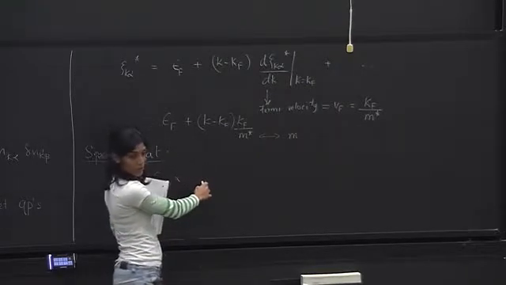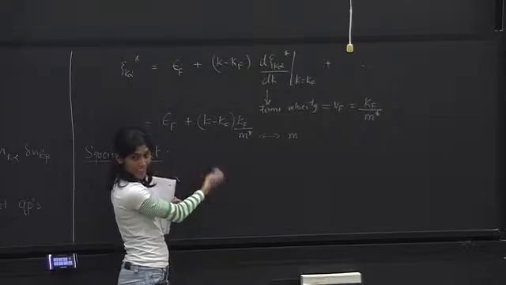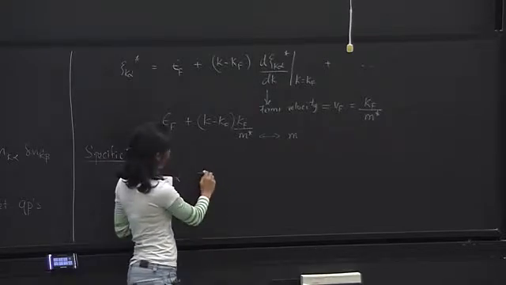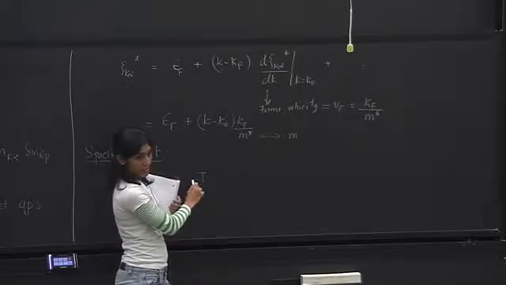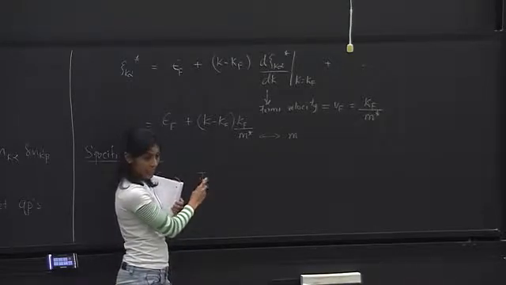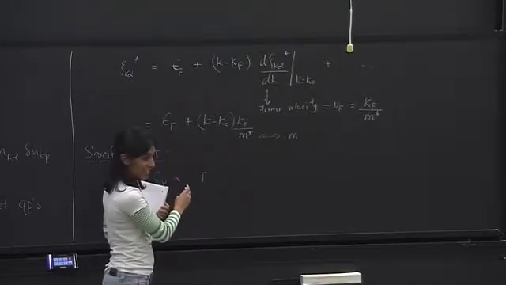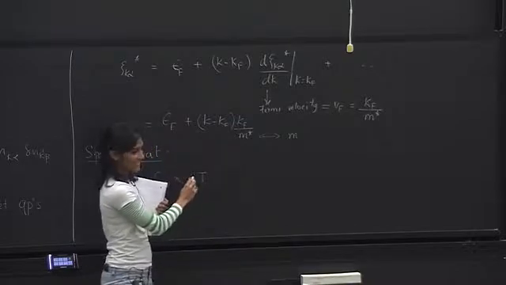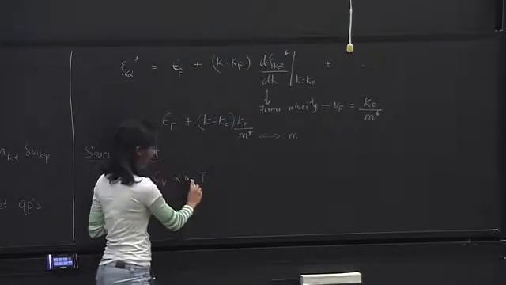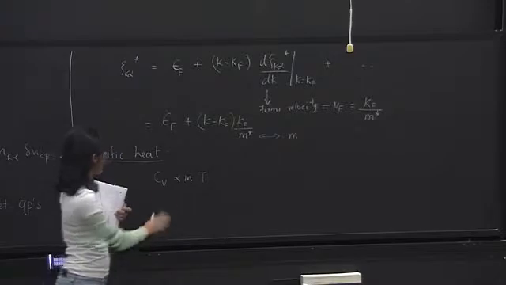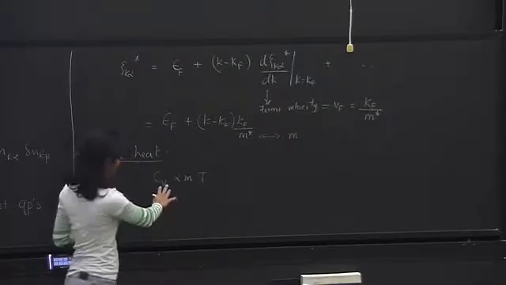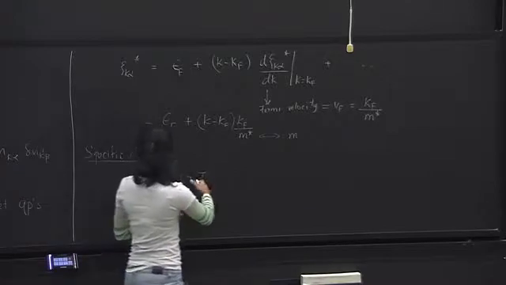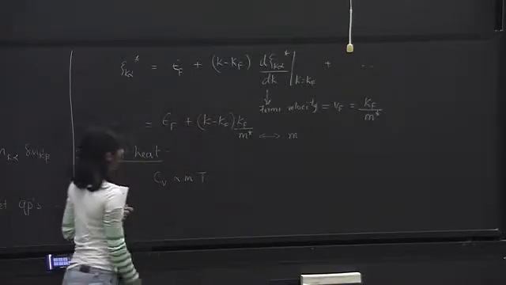It was proportional to T. Do you remember how it depended on the mass of the electron? It was just m. I guess you could guess it from dimensional analysis, but there are also factors of kf in here, which we don't care about.